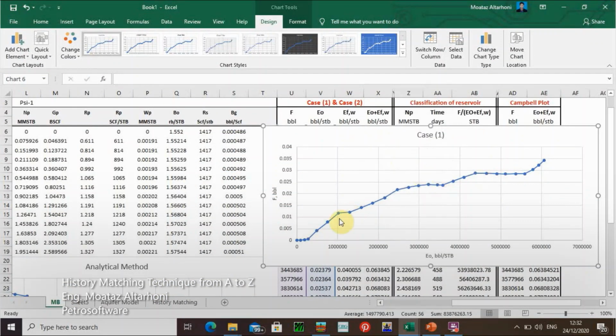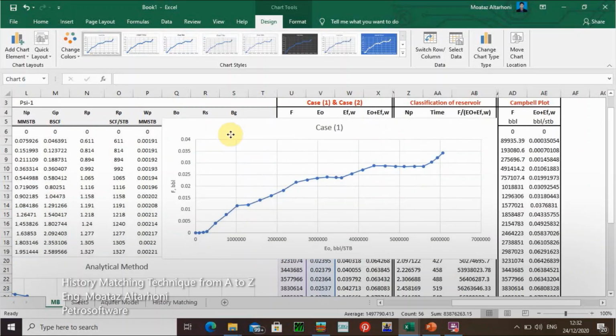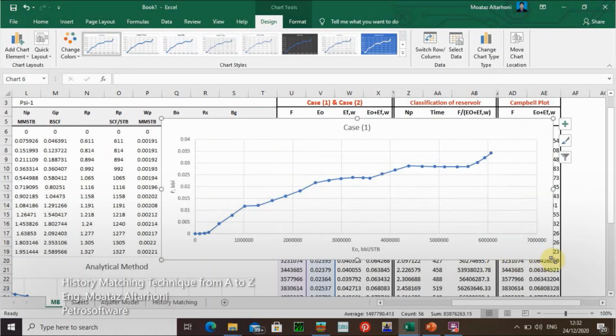Now I can see from this plot, it's very important, we can see here this is the increase in some times, but it's not the straight line. So if this plot is a straight line, that will be a very good indication about we don't have any water influx. Okay, that's the important thing you must understand. But we can see here this increase and increase.